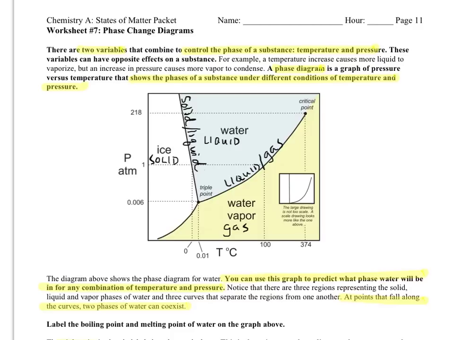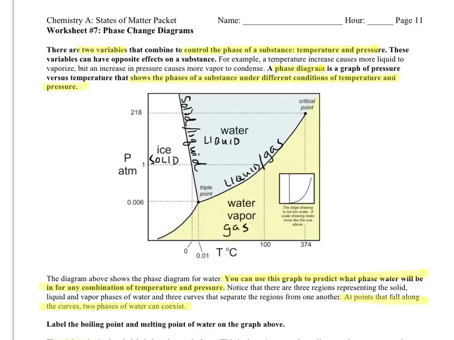The temperature that the substance is at. So like if you think of ice, right, it's at a cold temperature, you start to heat it up, it's going to melt into a liquid, you heat it even more, it's going to vaporize into a gas. But what we don't always think about is that besides temperature, pressure can also affect the phase of a substance, right?